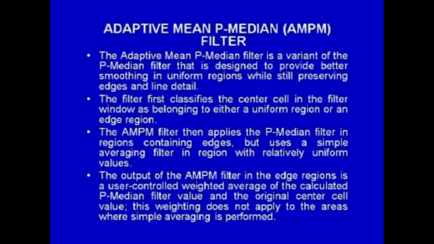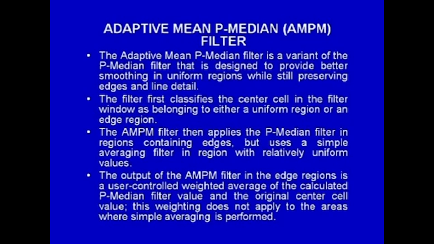The next filter to be considered is the adaptive mean P median, or in short AM/PM filter. The adaptive mean P median filter is a variant of the P median filter that is designed to provide better smoothing in uniform regions, while still preserving edges and the line details. The filter first classifies the central cell in the filter window as belonging to either a uniform region or to an edge region.